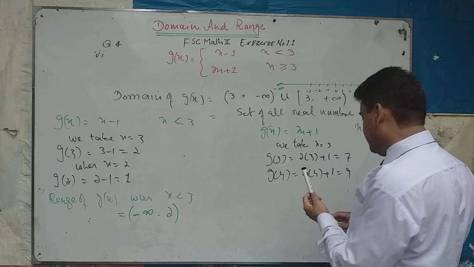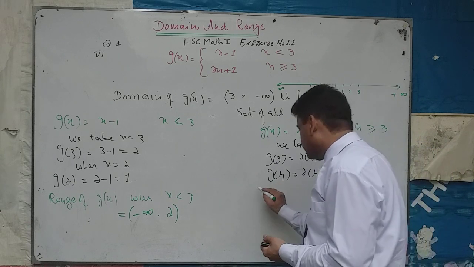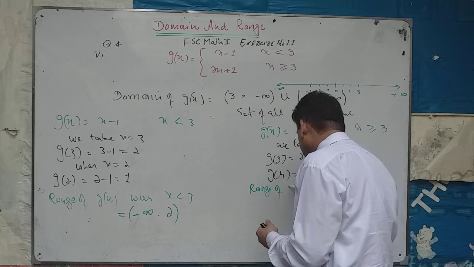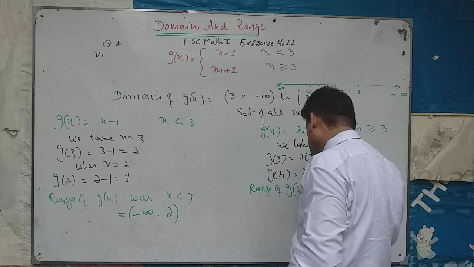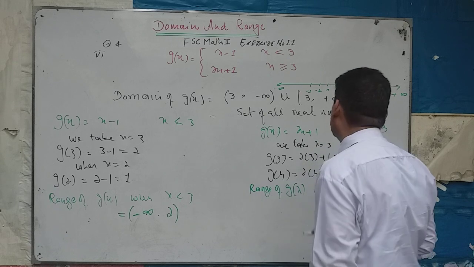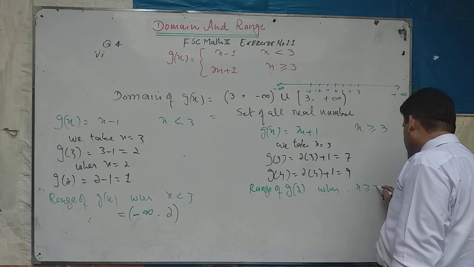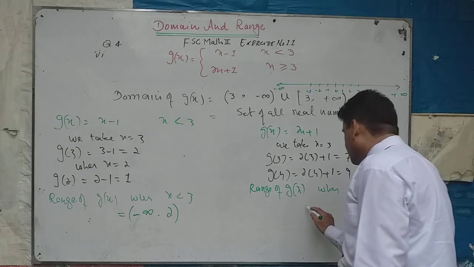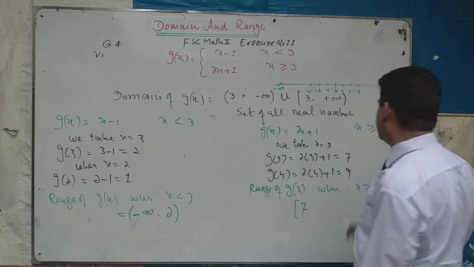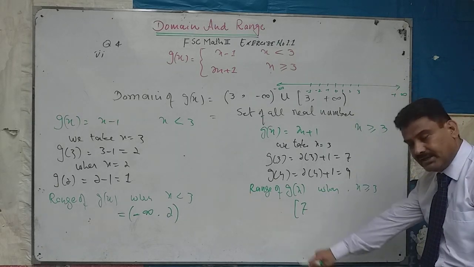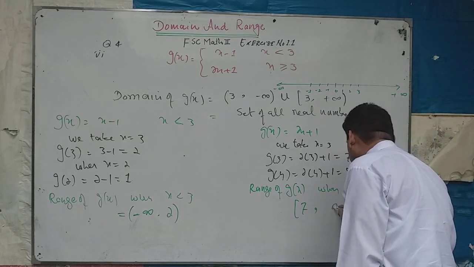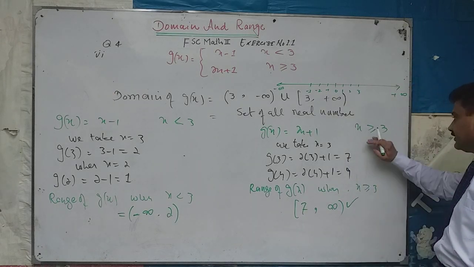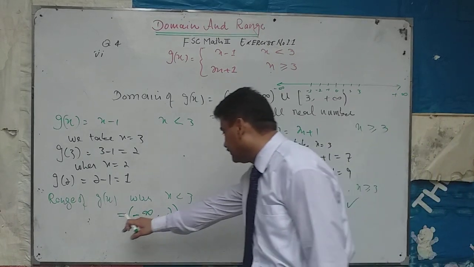Hence, we write the range of g of x when x is greater than or equal to 3 as from 7, and since 7 is included, we write a square bracket, to plus infinity. This is the portion of the range for the interval x greater than or equal to 3, and the other is the interval of range when x is less than 3.